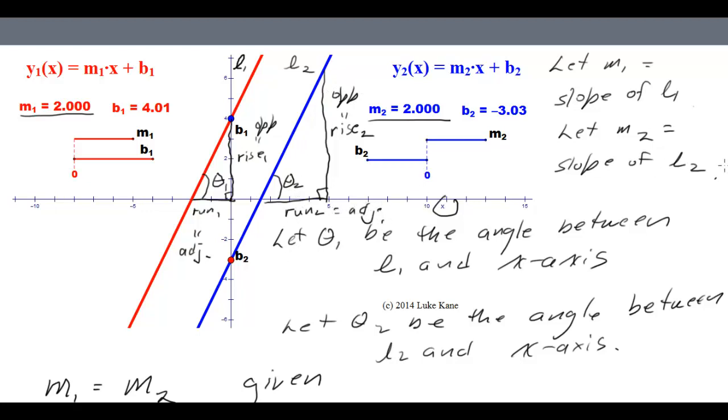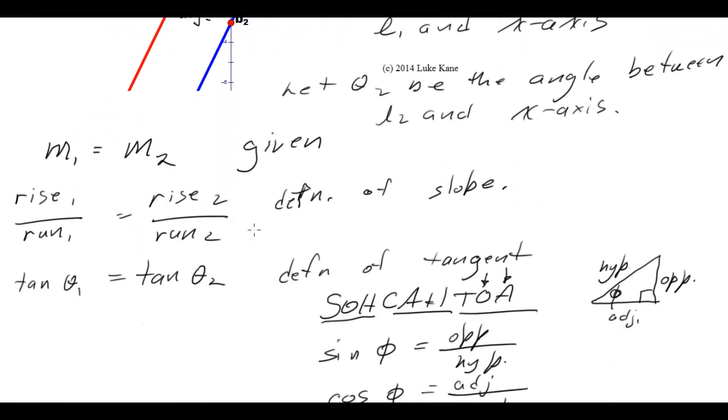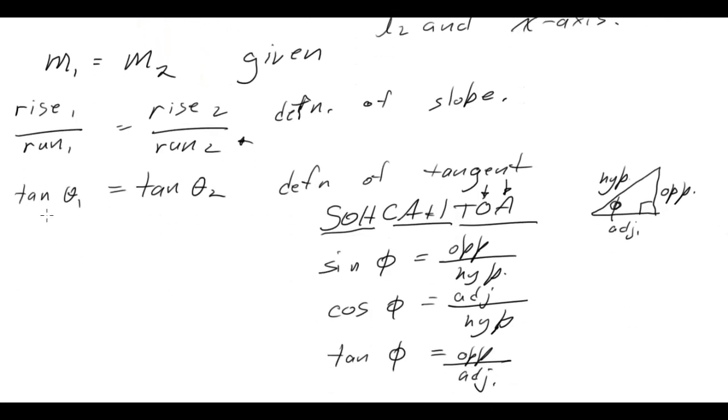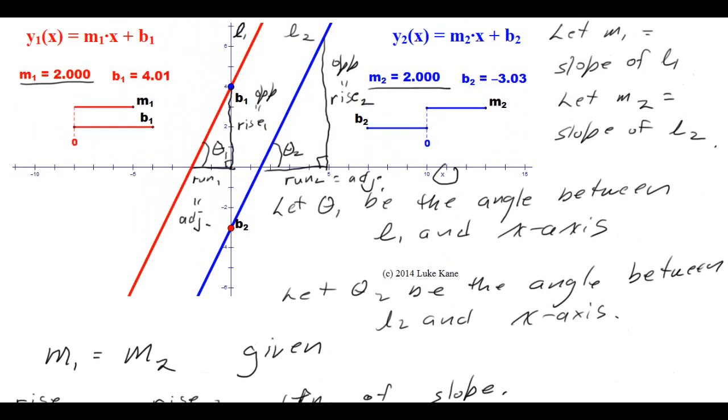So consequently, this defines tangent of theta 2. Alright, tangent of theta 1 equals tangent of theta 2. Well, that can only be true if theta 1 equals theta 2. Or, in more geometrical terms, theta 1 is congruent to theta 2.